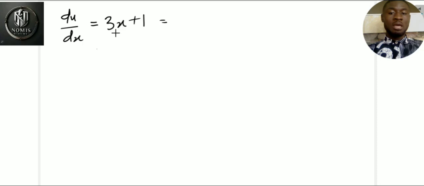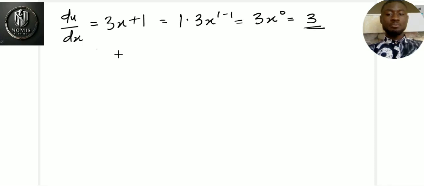If you differentiate 3x, you have 1 times 3x to the power of 1 minus 1. You remember the formula, and this becomes 1 times 3, still 3x. 1 minus 1 is 0, so x to the power of 0 is definitely 1. Then 3 times 1 is just 3.